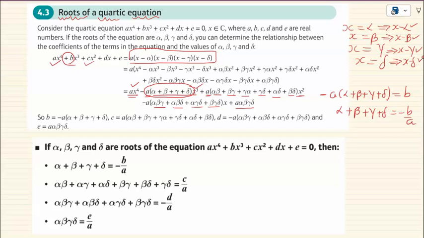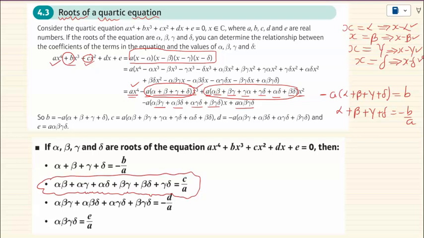Similarly, if you compare the x squared coefficient, this is this one. And with x squared, what is here? C. So here it is plus a, and this is also plus, so we will get c over a. So we will get the second formula: alpha beta, alpha gamma, alpha delta, beta gamma, beta delta and gamma delta is c over a.